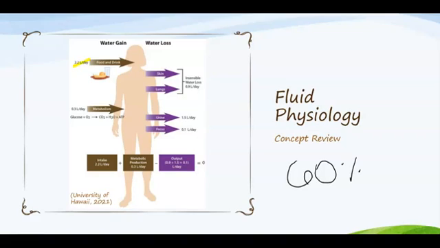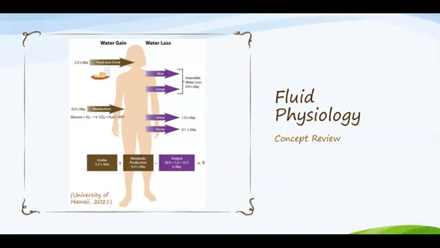As we go through the process of metabolism, that's going to produce 0.3 liters of fluid each day. Now, when we look at water loss, we have some overt water loss, which occurs through the urine as well as through the feces, but we also are going to have some insensible losses. And so my insensible water loss is going to occur through the skin as well as through the lungs when we go through that process of respiration.